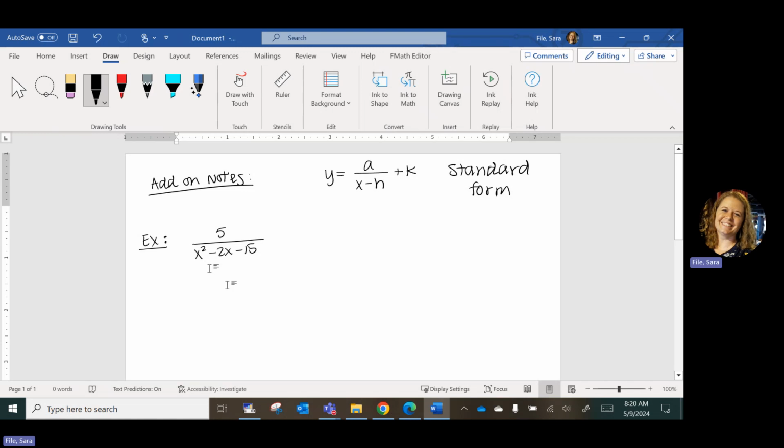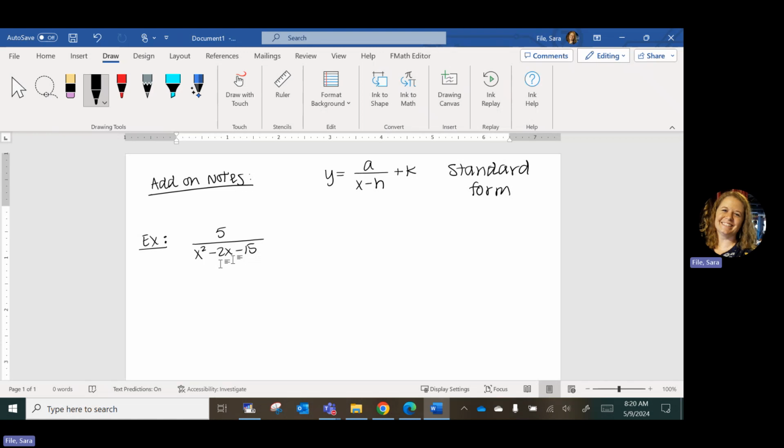The only thing I need you to be able to do with these more complex ones at this point is to still determine your domain. We still have to be able to state the domain. One way would be to plug it in Desmos and look at the graph to get a visual, because then you can see where the breaks in the domain are.